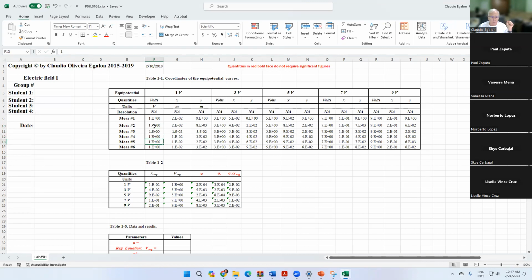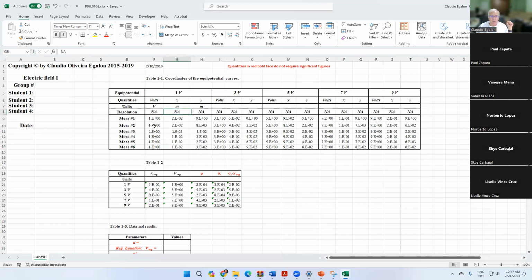So those are all voltage values. But in addition to the voltage values, what else do you have? You have the coordinates of this point, X and Y position. See that? X here is 0.016, right? And 0.0145, let's see, 1, 2, 3, yeah, okay, 0.0147 and so on, okay?